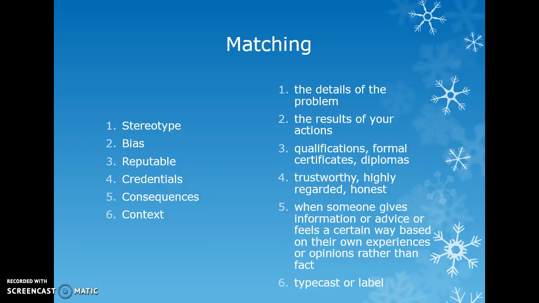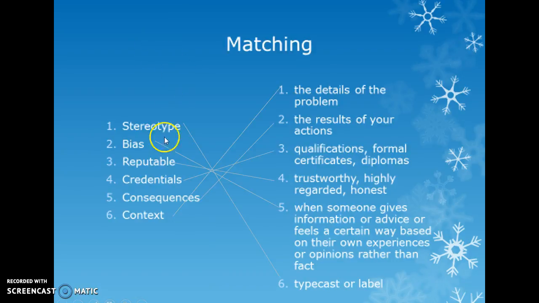Number 4 would be trustworthy, highly regarded, honest. Number 5 would be when someone gives information or advice or feels a certain way based on their own experience or opinions rather than facts. And 6 is typecast or labeled.